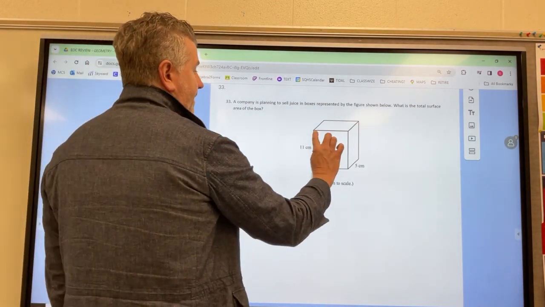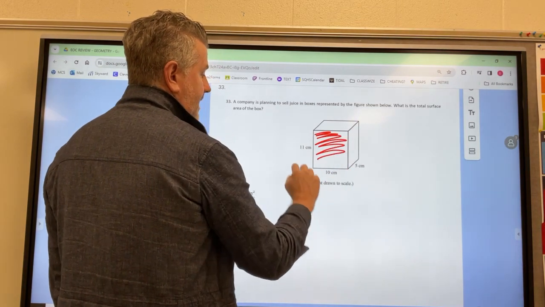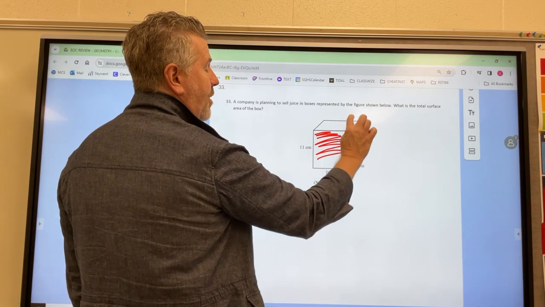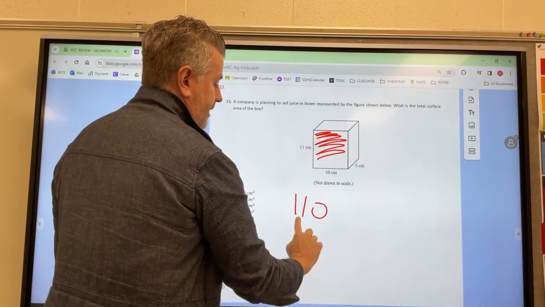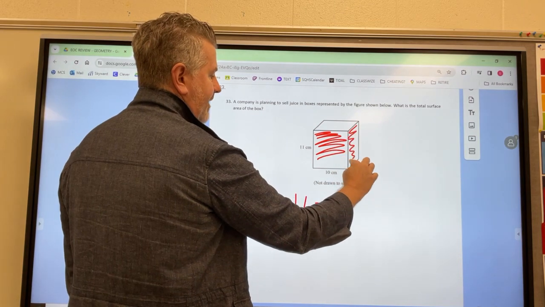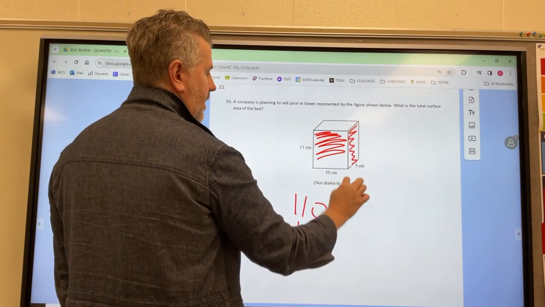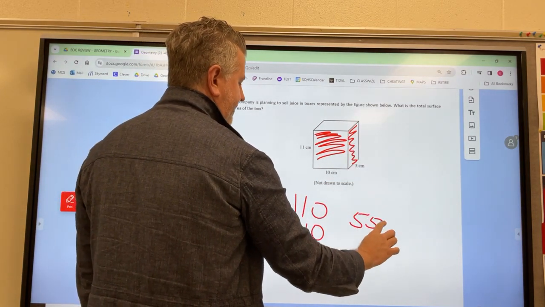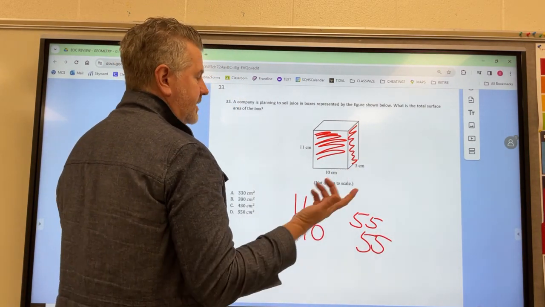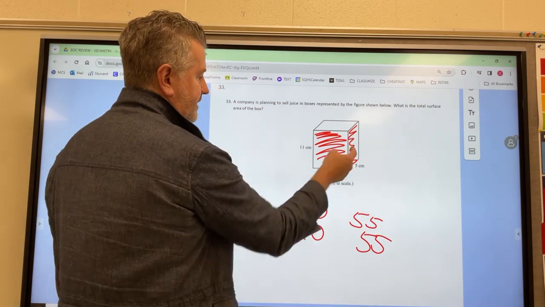So we got to add up the front side, this red part. That's going to be 110. That's 10 times 11. And then there's a back part of that also, okay? So that's 110 and 110. Then we're going to do the right side. That's going to be 5 times 11, so 55 and 55 square centimeters, because there's one on the left.